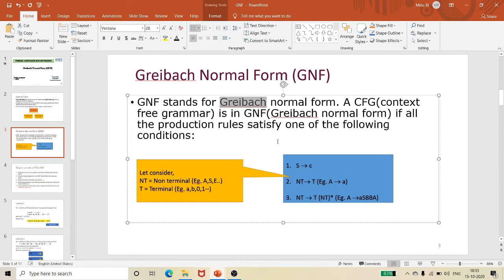To convert a grammar into GNF, it is very simple. It has to be in a certain format, like our CNF.